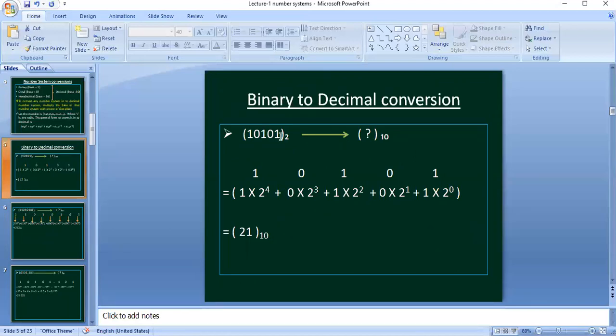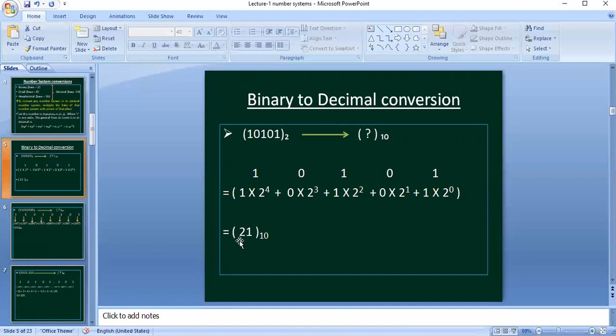For this conversion, we have to multiply each bit or digit by its corresponding positional weight. How can we consider the positional weights? We have to consider them from right to left.